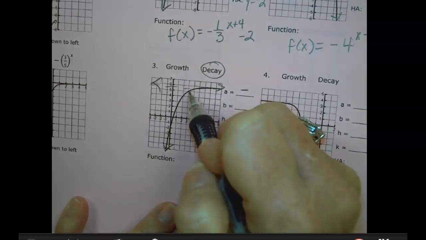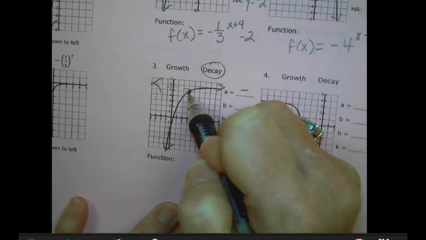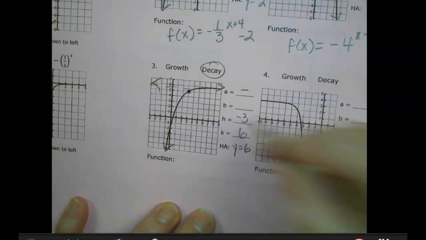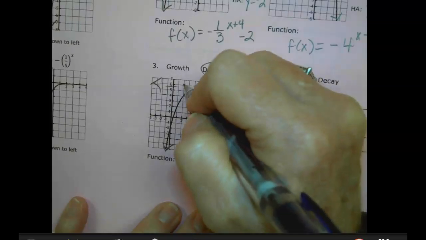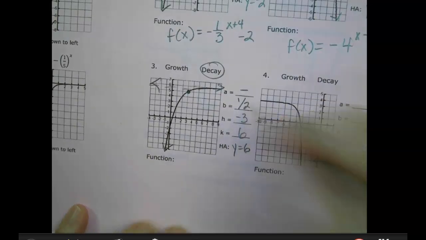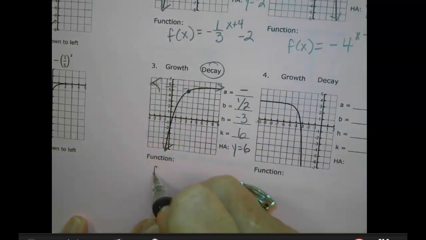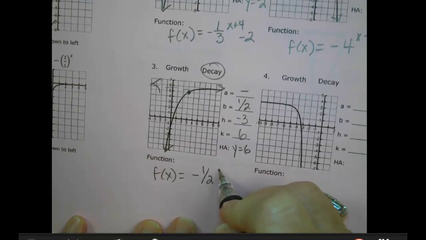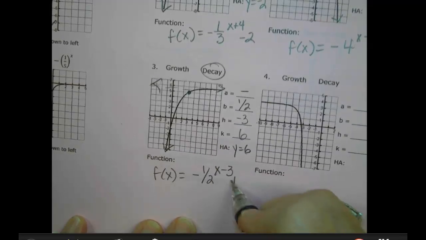This is my 6. So here's my 1 point right here. And that shifted me 3 to the right, so it's -3. And when I find my base, I'm going to count up 2. It's a decay, so that gives me 1/2. So my function is going to be -(1/2)^(x-3) + 6.